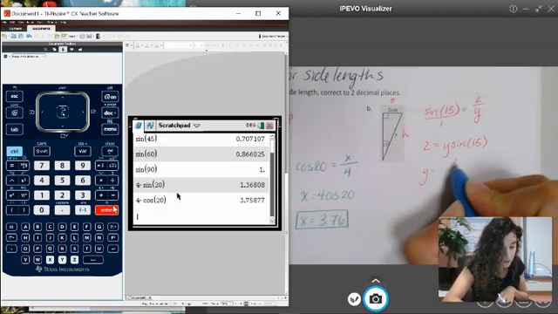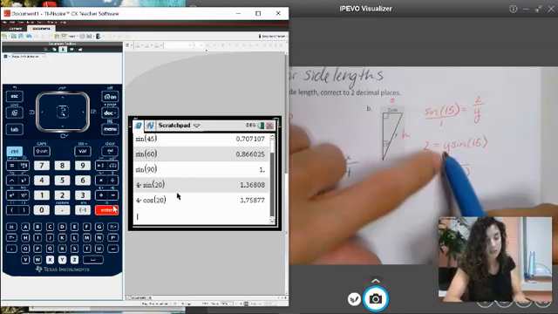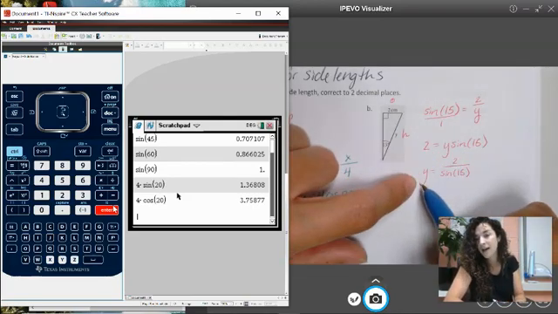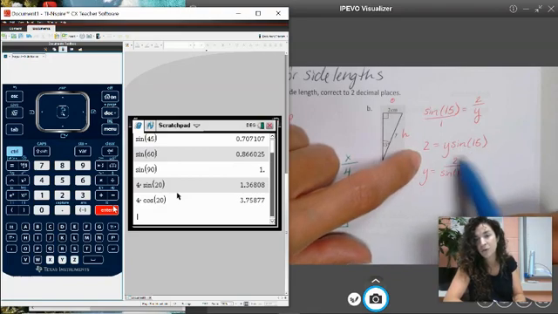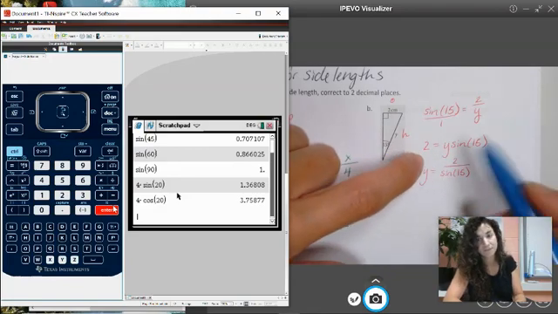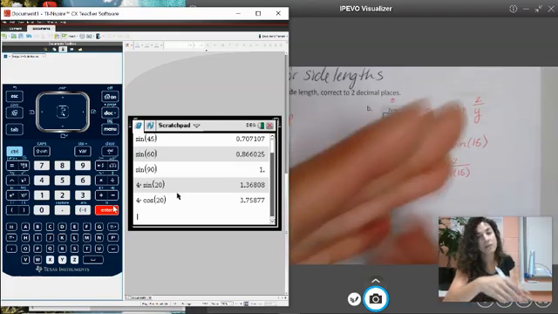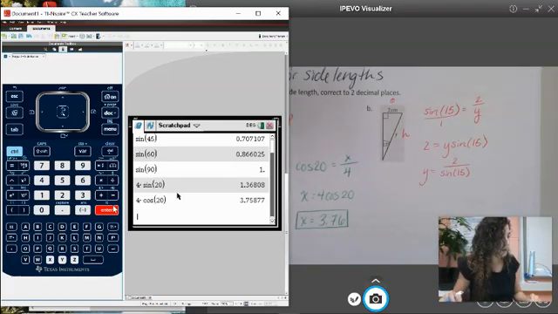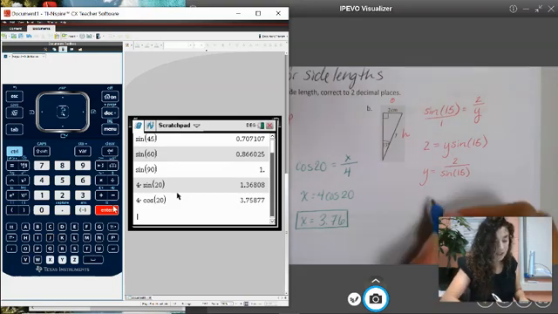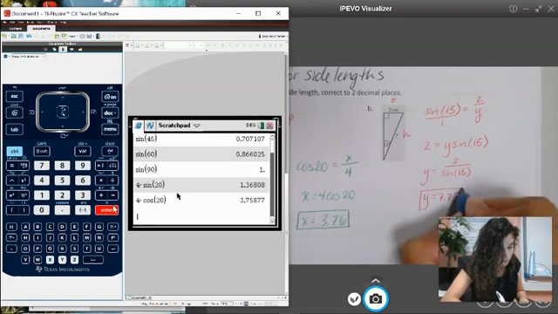So y equals 2 over sine of 15. I just put y on this side because I wanted to, but realize what I did is I divided both sides by sine of 15. So it'd be 2 over sine of 15 equals y, which I then just flipped because I like the way it looks this way. When you plug it into your calculator, you get y equals 7.73.